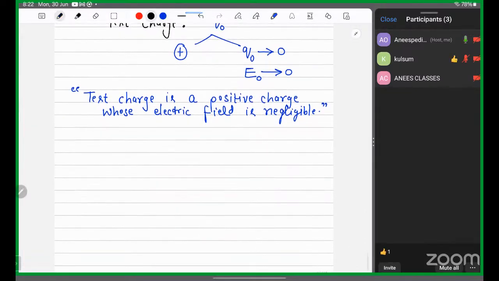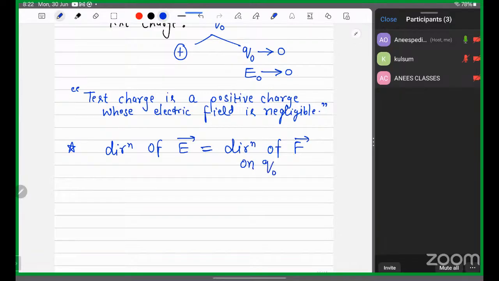Okay, next point is, if electric field E is a vector quantity, then what will be its direction? So we are interested in the direction of electric field E. Okay, could anyone tell me what is the direction of electric field E? Direction of electric field E will be same as direction of electric force F on charge Q naught.